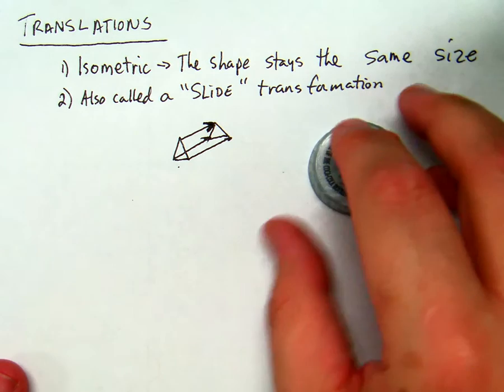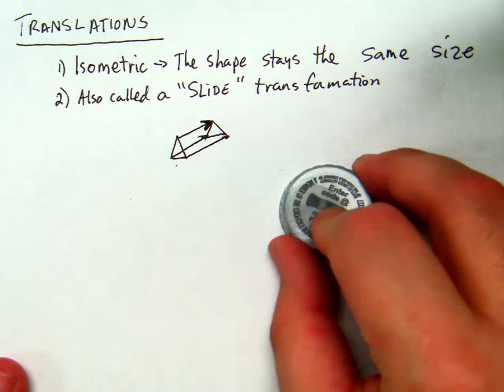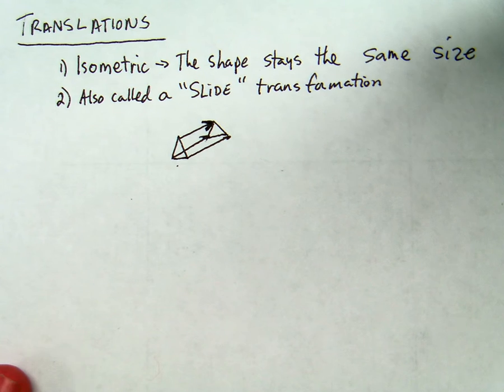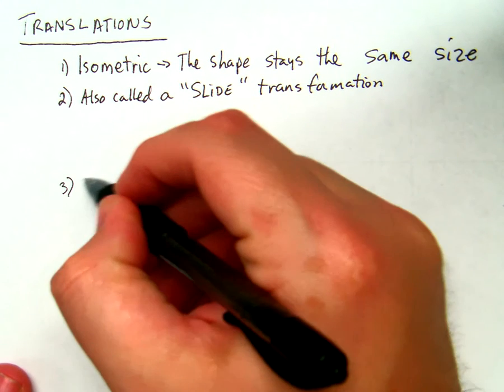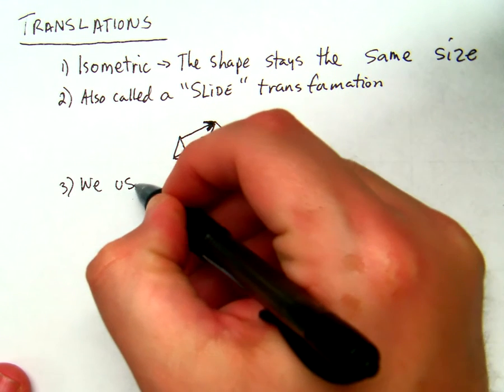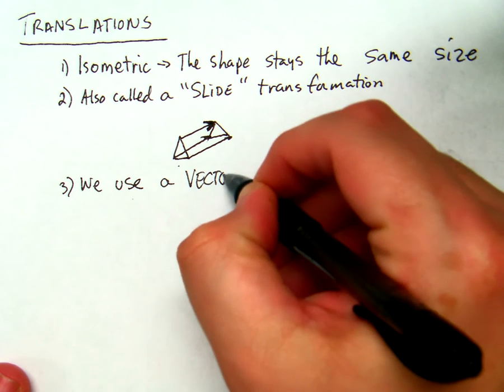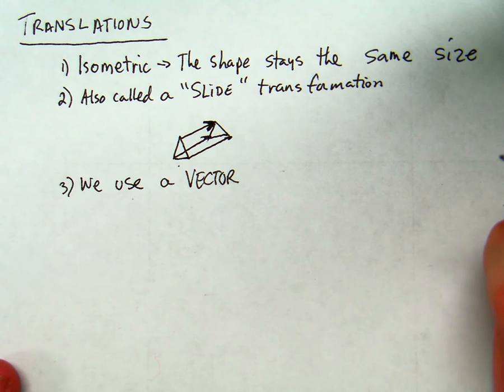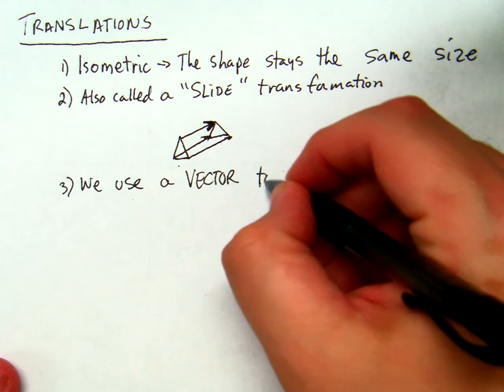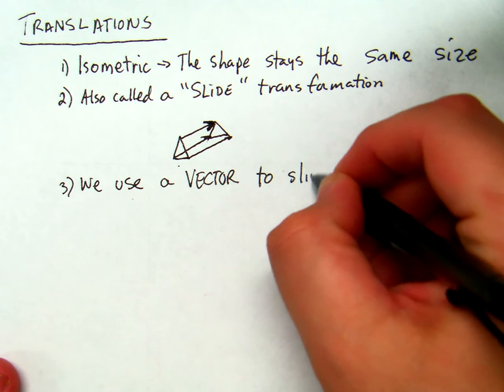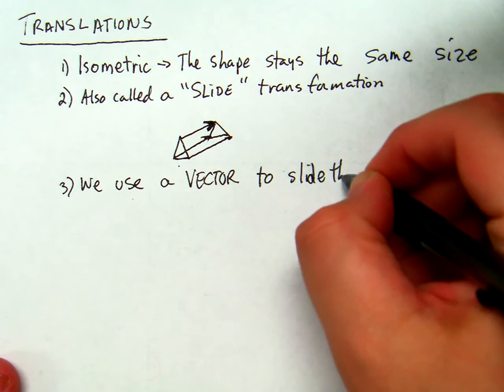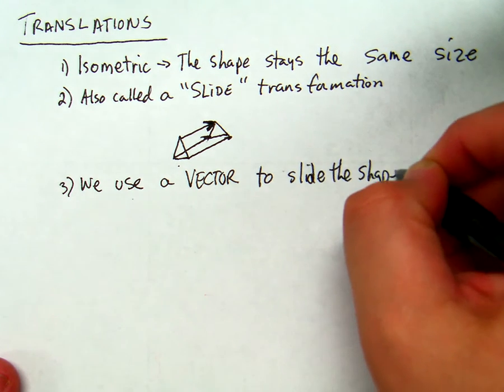So I can slide it anywhere that I want to. We use a vector to slide the shape.